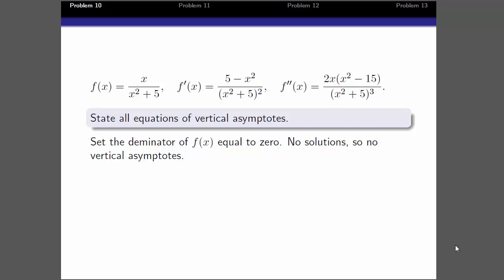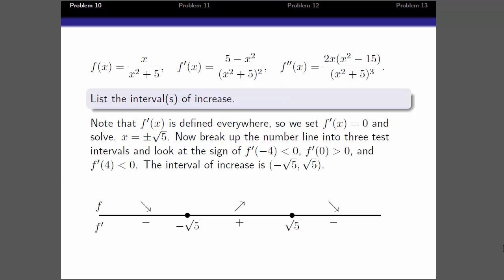Okay, for vertical asymptotes, the denominator here is never 0, so there are no vertical asymptotes. Okay, for intervals of increase, we need to find the critical values to break up the number line. The derivative f prime of x here also is defined everywhere.